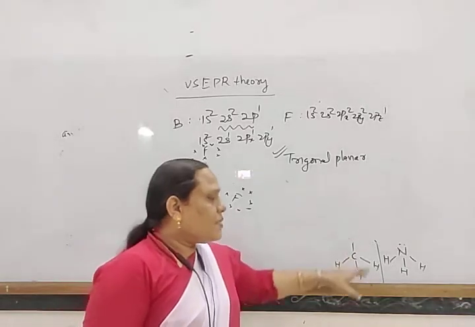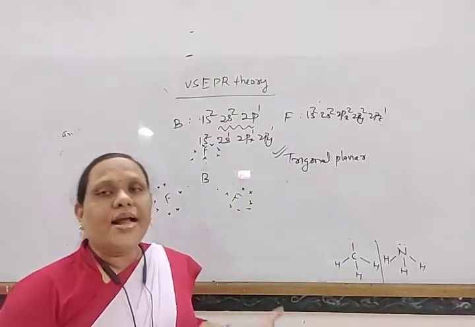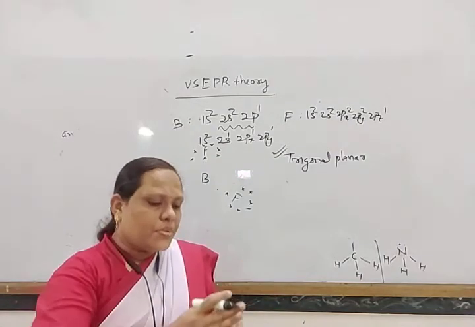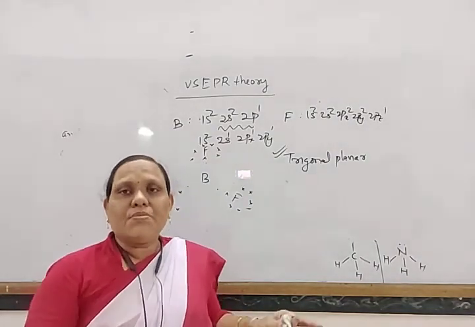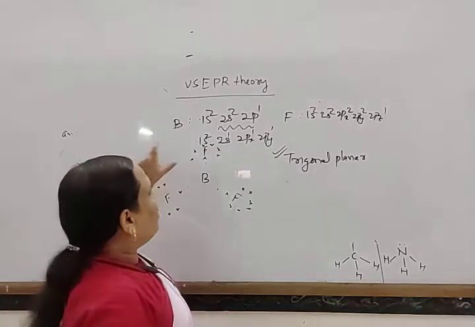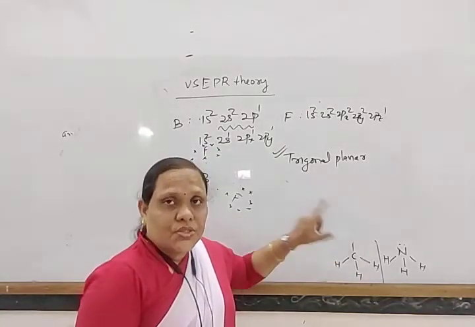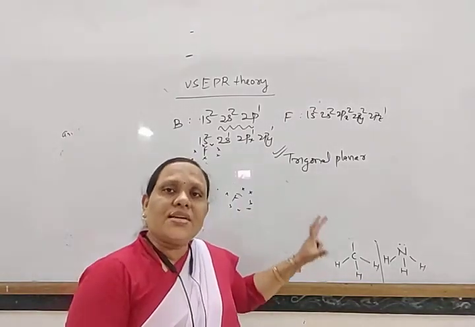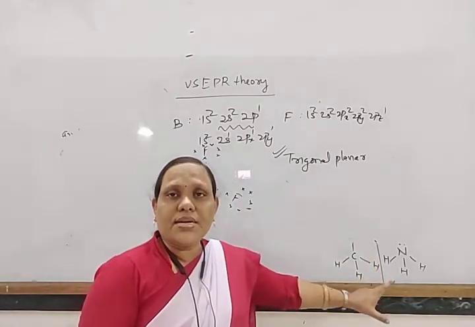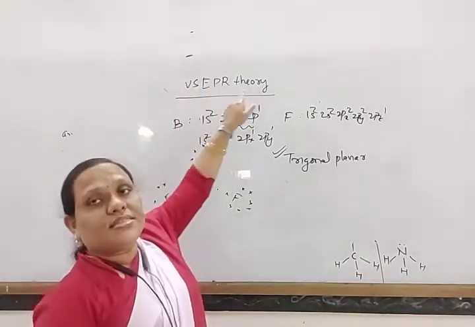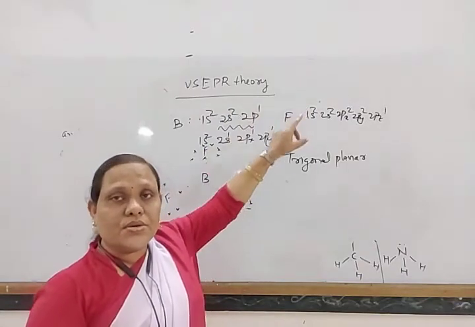Its expected structure is tetrahedral and its actual structure is also tetrahedral, so that the electron pairs remain at maximum distance. So if it is surrounded by only bond pairs, it has a regular geometry. This is known from the valence shell electron pair repulsion theory.